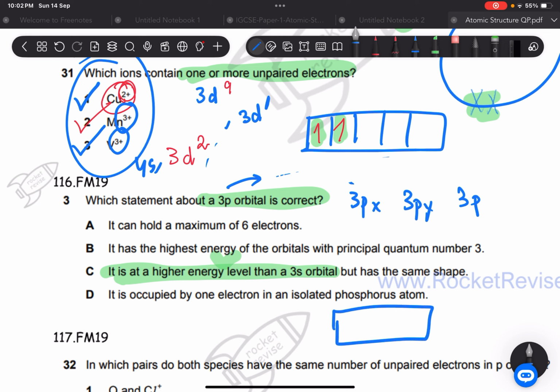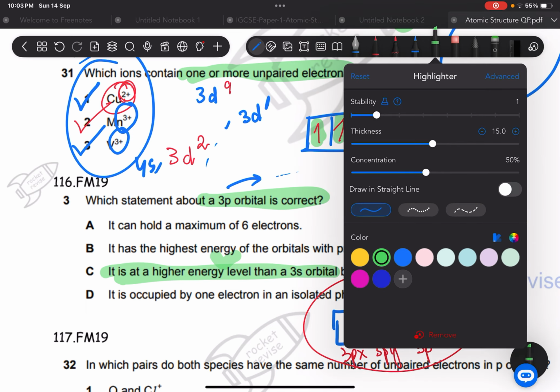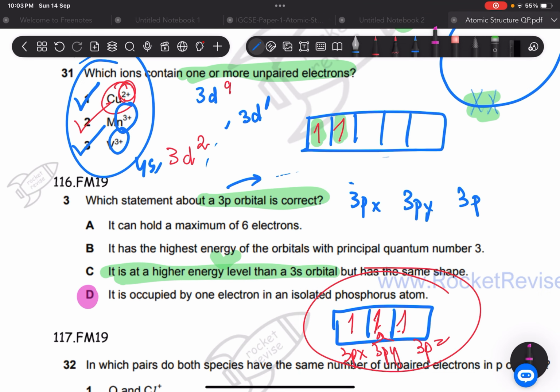So all 3p orbitals only have 1 electron in phosphorus. This is 3px, it has 1 electron, 3py also has 1 electron, and 3pz also has 1 electron. So our statement D is going to be correct.